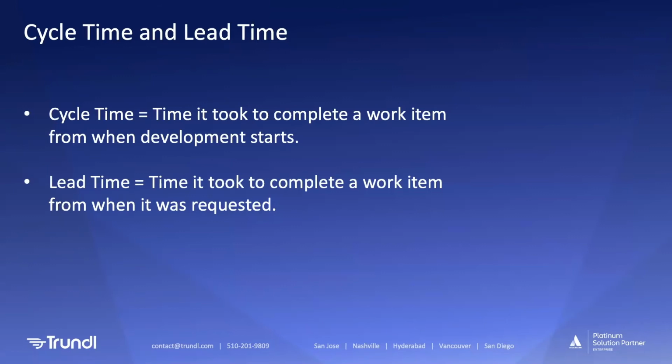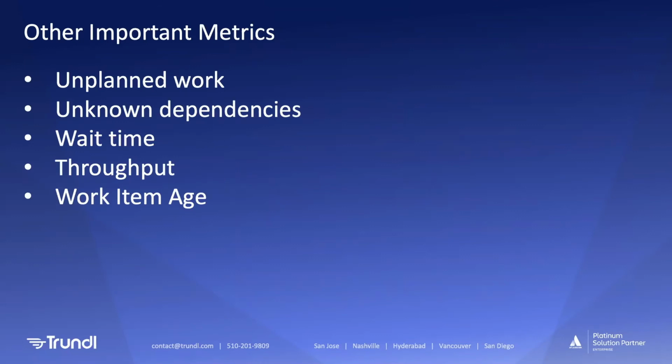So some important metrics. We'll talk about these during the demo as well. Cycle time is the time it takes to complete a work item from when development starts, and lead time is the time it takes to complete a work item from when it was requested. Some other important metrics revolve around the 5 time thieves that we talked about. One of them is unplanned work. Being able to identify your unplanned work, visualize it, and know how much of it there was is important. How many unknown dependencies you have is important.